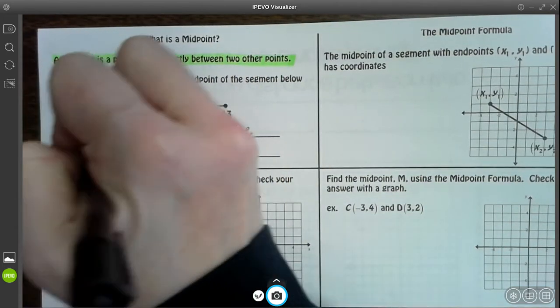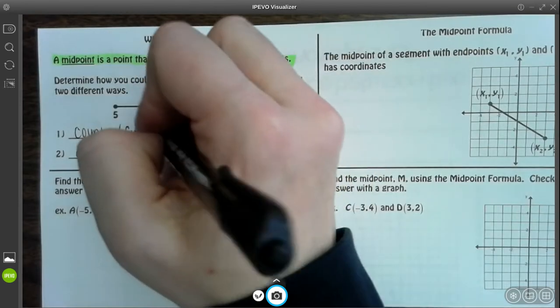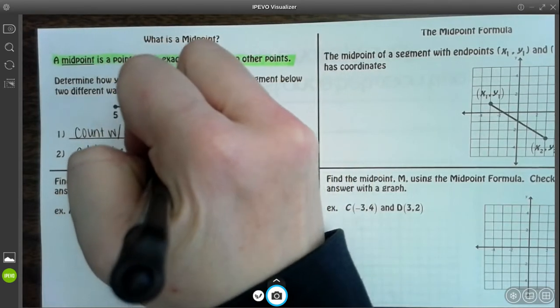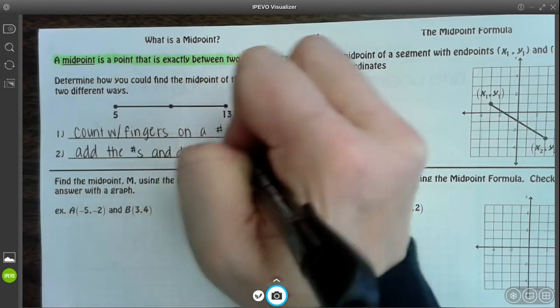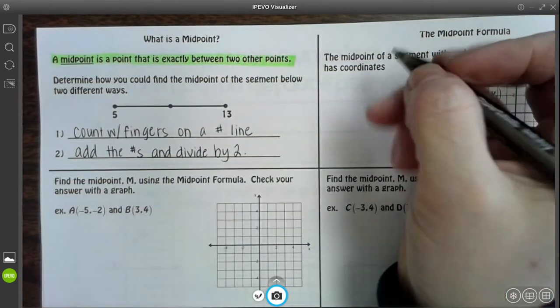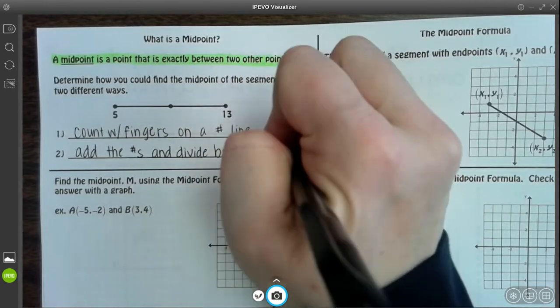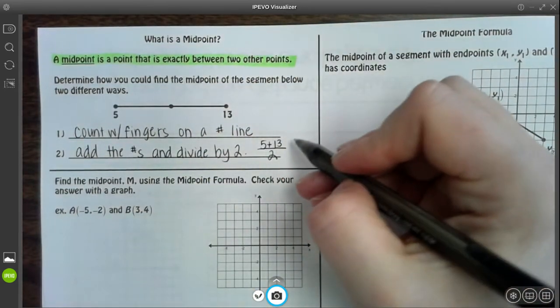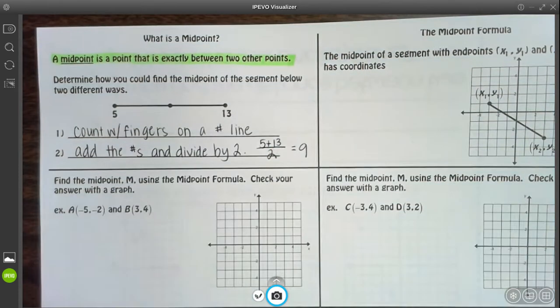So we add the numbers and divide by 2, since there's only 2 numbers. In this case, we would do 5 plus 13, and then divide that by 2. 5 plus 13 is 18, and 18 divided by 2 is 9.